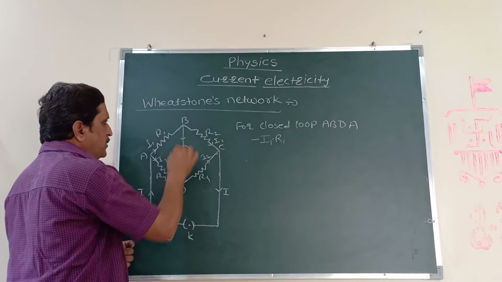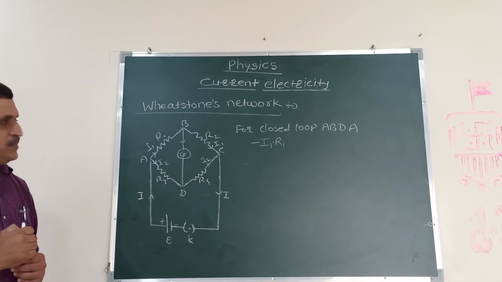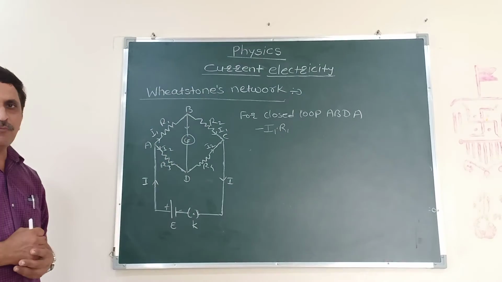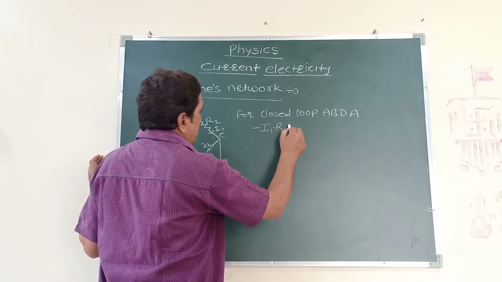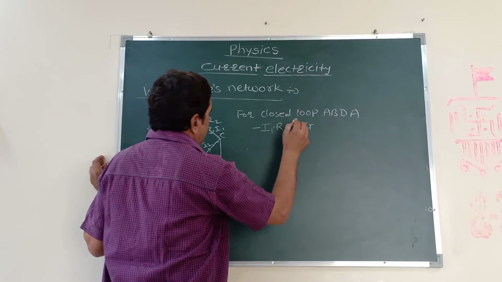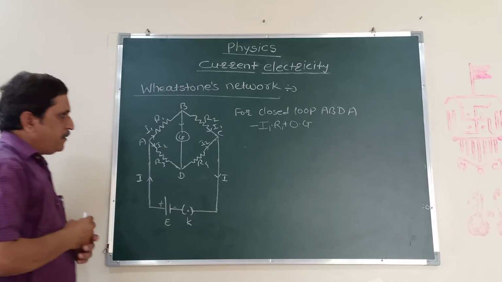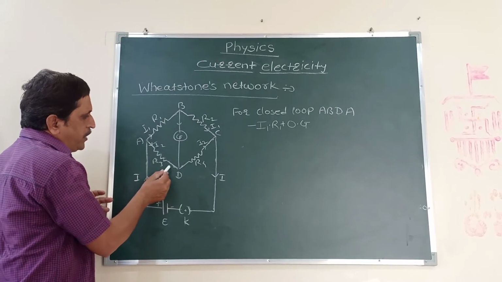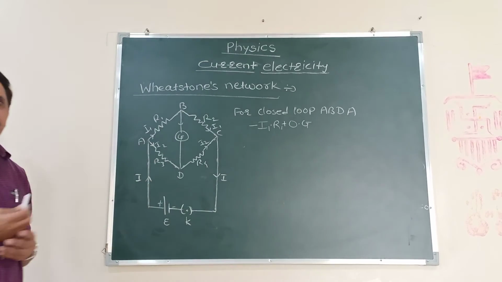Now for the path B to D, here capital G is the resistance of the galvanometer, but we know that these two points are equipotential points, therefore current doesn't flow through this path. That means here current 0 and resistance G. Then from point D to A, current is flowing from A to D and the loop is tracing from D to A, that means both are opposite in direction.